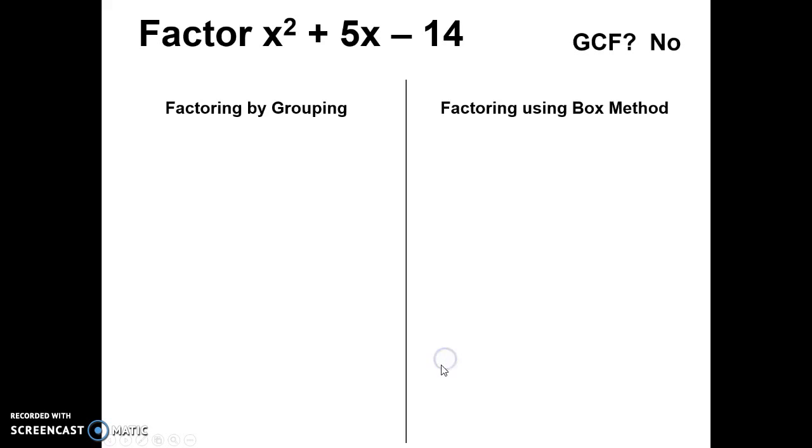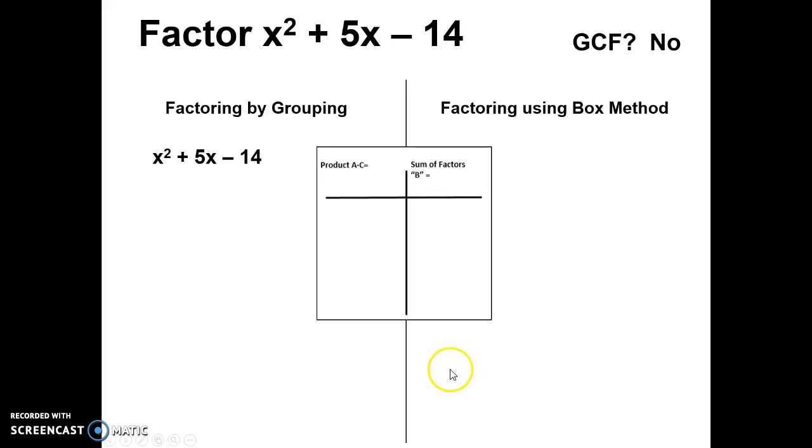GCF? No. AC method? Yes. 1 times -14 goes here. The 5 goes here. I'm looking for factors of -14 that add up to +5. I got -5. Switch your signs around. -2 times +7 is -14.